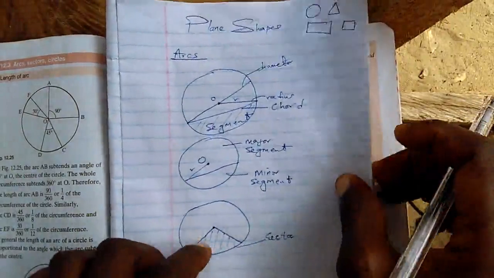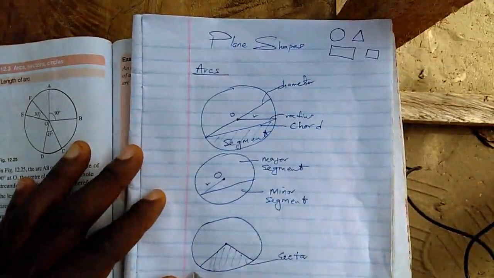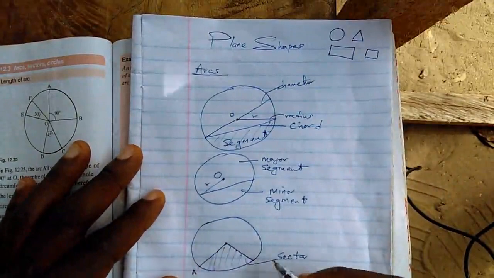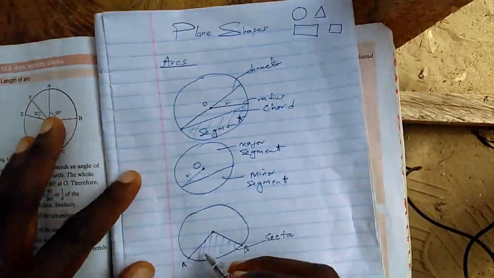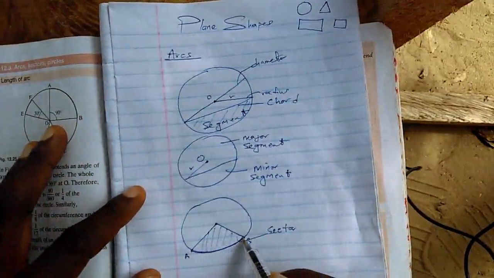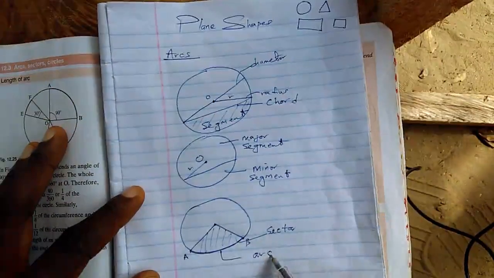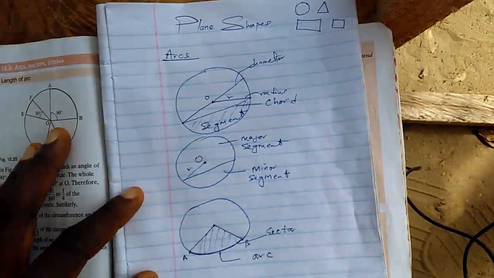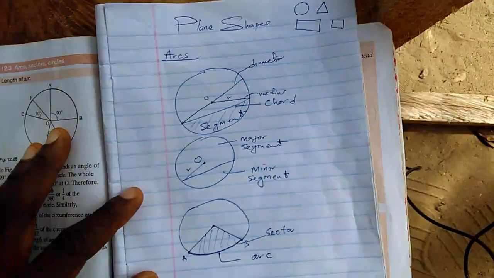Now let's talk about arc. Before I leave this page, if this is point A, this is point B, this line is called arc. The arc of the segment or the arc of the sector.